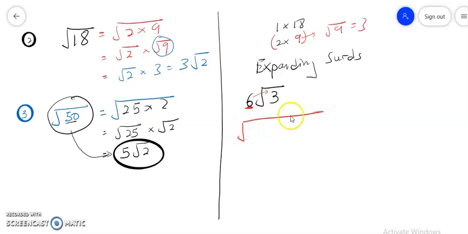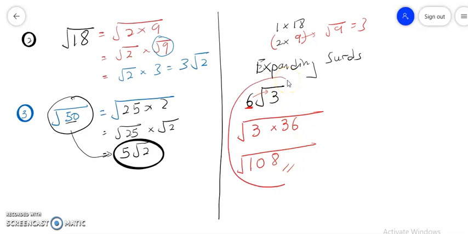So the 3 remains the same, and the 6 will become 36. And it can multiply together. 3 multiply with 36 resulting in, you got here 108. So this is your answer. This is how we expand.